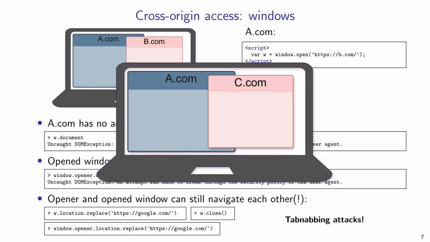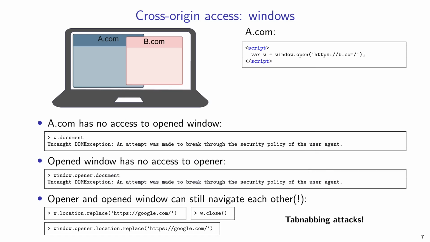And if the user fails to notice that the address bar of the window has suddenly changed, the user might enter passwords or other sensitive data on the phishing website. And this attack, of course, could also work in reverse, where the opened website performs an attack on the opener website. We will cover later in this lecture how to prevent these types of attacks.